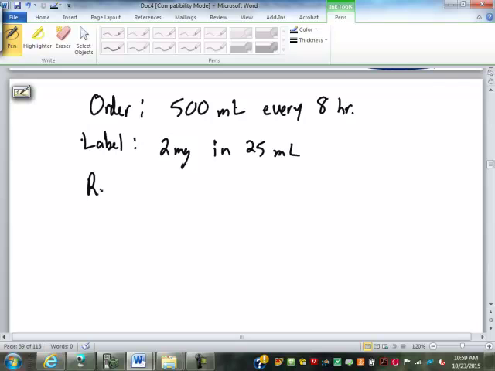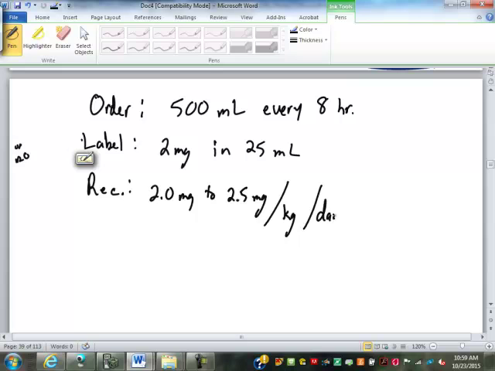And let's say that the recommendation is anywhere from 2.0 milligrams to 2.5 milligrams per kilogram per day.